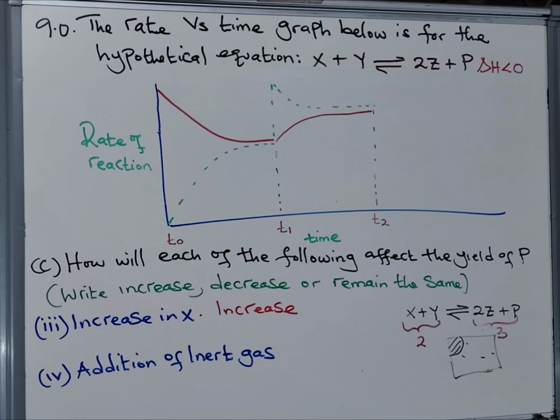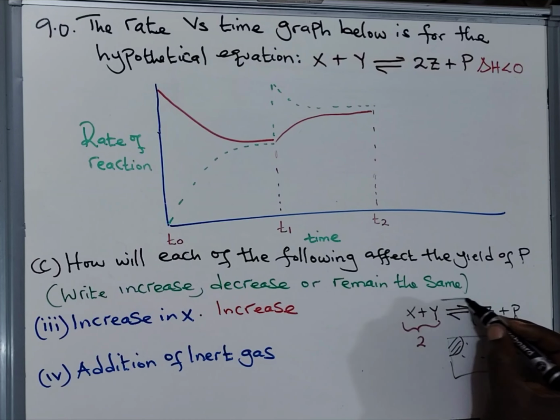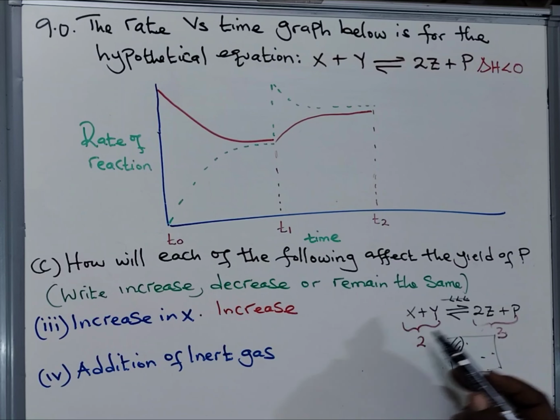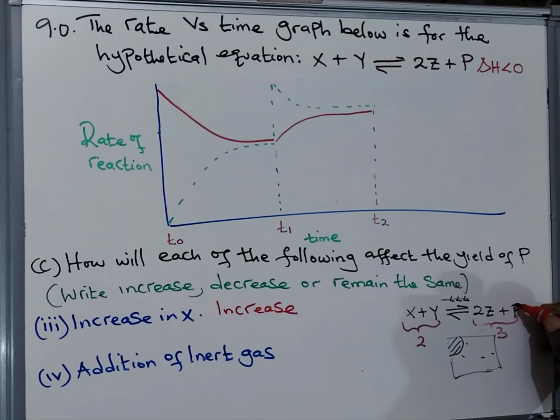He says that increasing pressure favors the direction which reduces pressure, and that direction in this case is reverse. It's from high number of moles to lower number of moles. So reverse is favored. And if reverse is favored, what happens to P? It decreases.